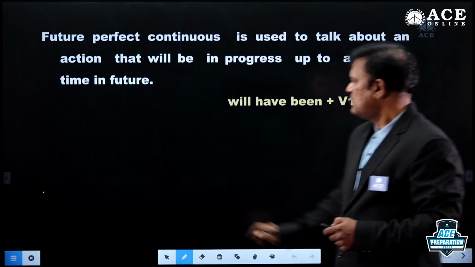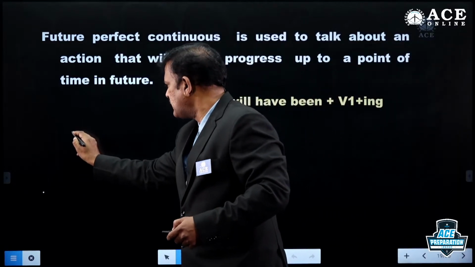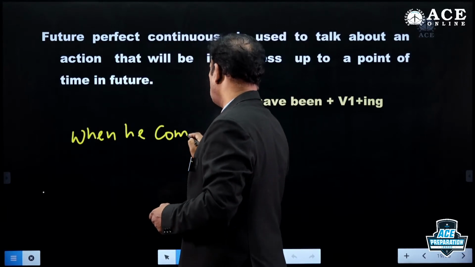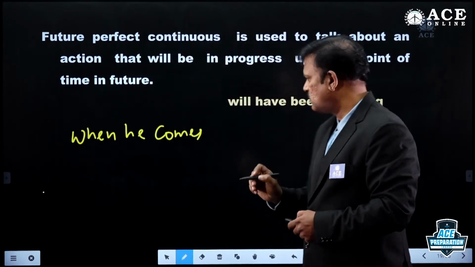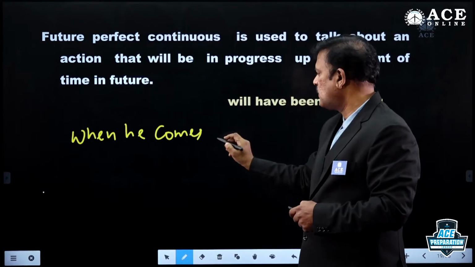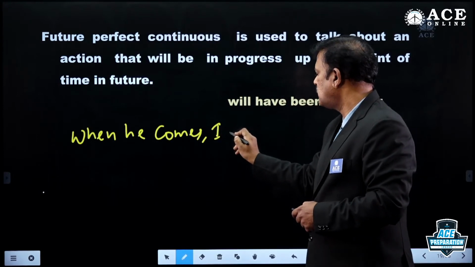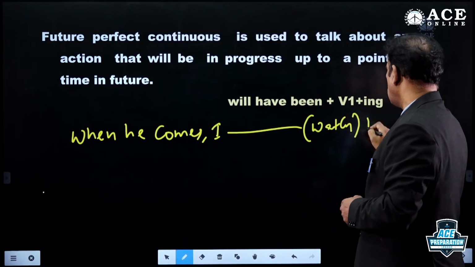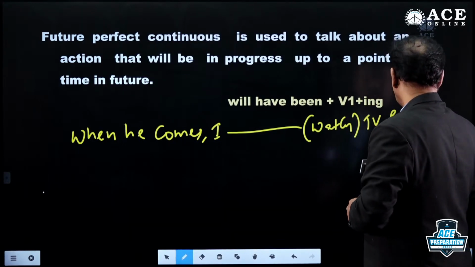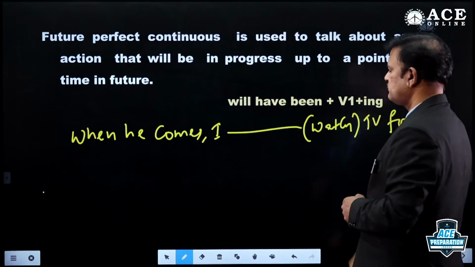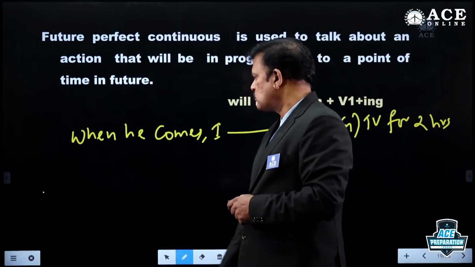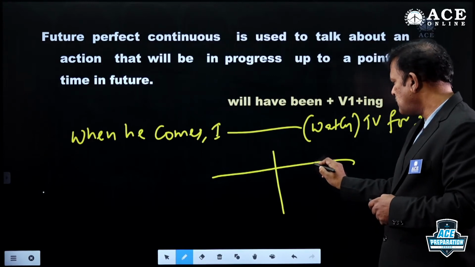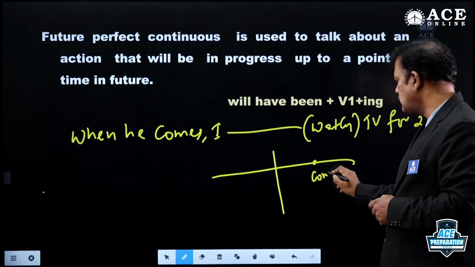Look at this first sentence. "When he comes," obviously, future. The moment you see that, go to the future. "I watch TV for 2 hours." Okay, so it looks like this. When he comes, obviously this is the comes.